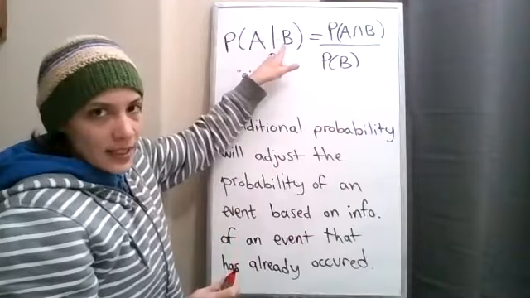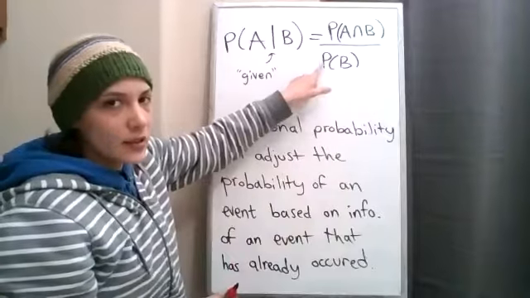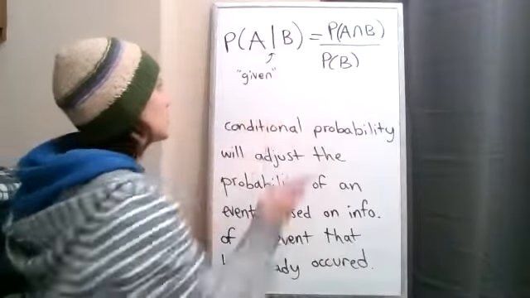So whatever event is in this second spot, that's the one that you need to divide by that probability.